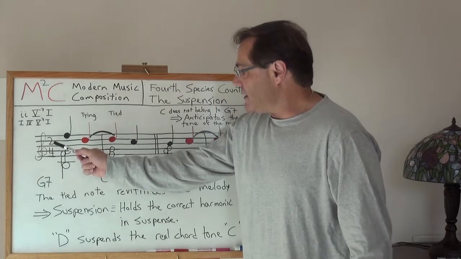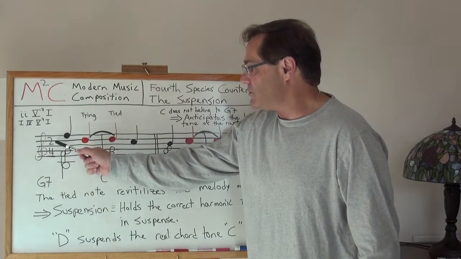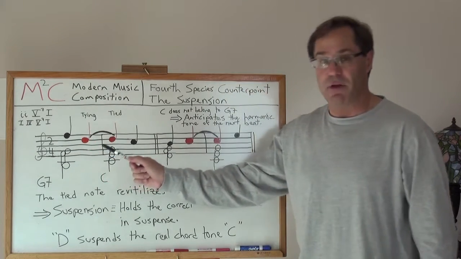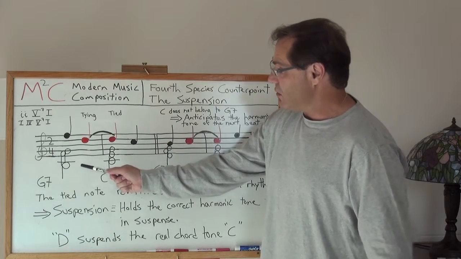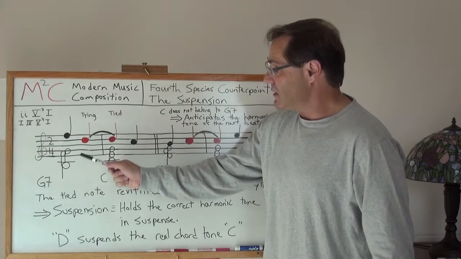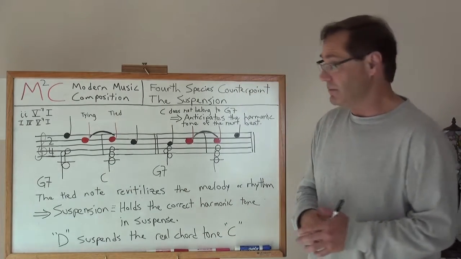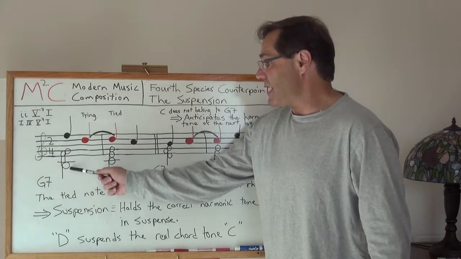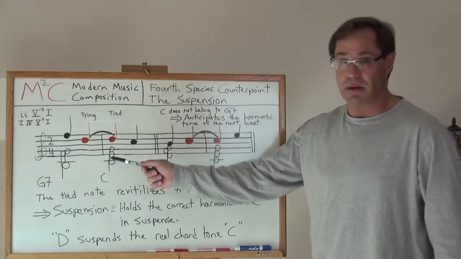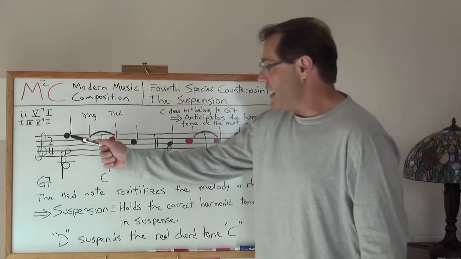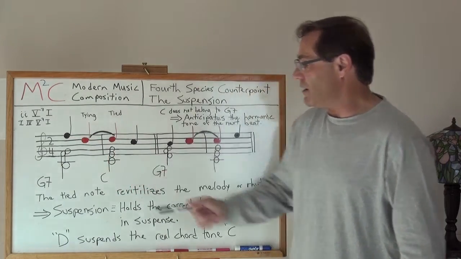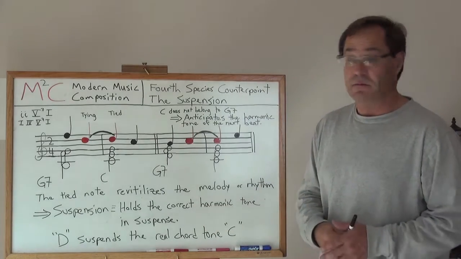So this is in 2/4 time. That means I have 2 quarter notes for every measure. So here's my 2 quarter notes, or I can have a half note, okay? And so my cantus firmus is a half note. It plays a half note in the duration of that measure as I'm putting down 2 quarter notes.